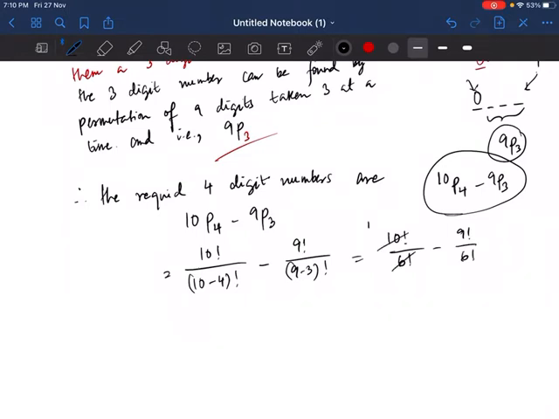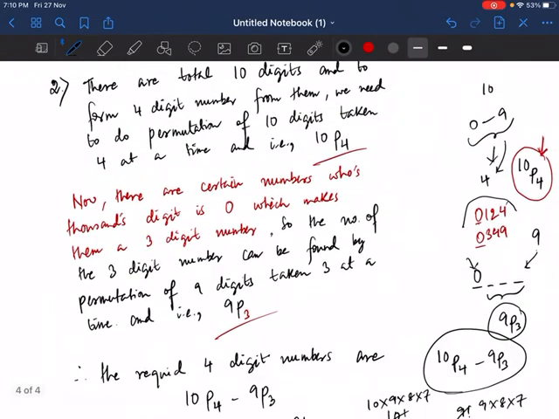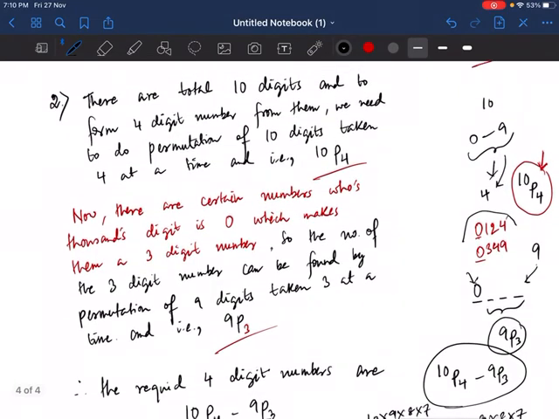And this one is 10 into 9 into 8 into 7, and this one is 9 into 8 into 7. If I take 9 into 8 into 7 common, we have 10 minus 1. So basically you are getting 9 into 9 into 8 into 7. You have to multiply and write the answer. So this is how we solve question number 2.